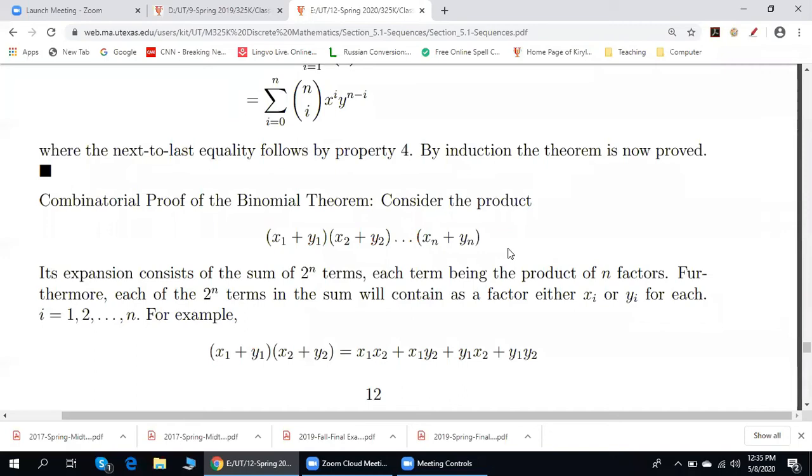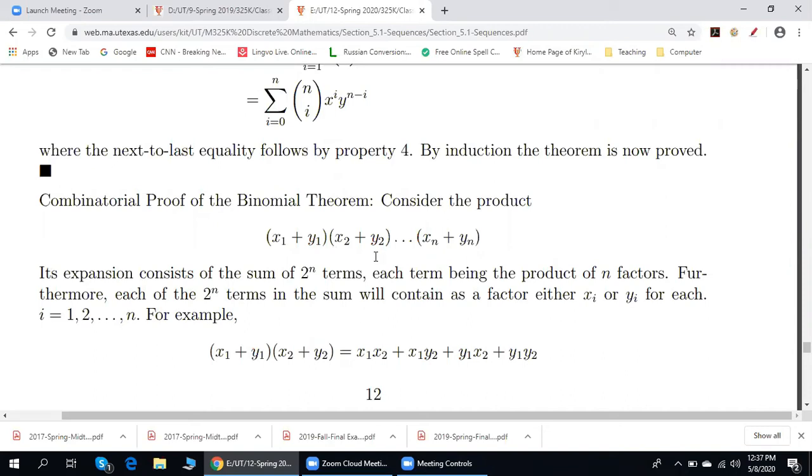If we expand all parentheses here and replace all xi's by x and all yi's by y, the terms will be equal if and only if in each term the number of x's is the same, or equivalently the number of y's is the same. Suppose in some term we have k x's and therefore n minus k y's.